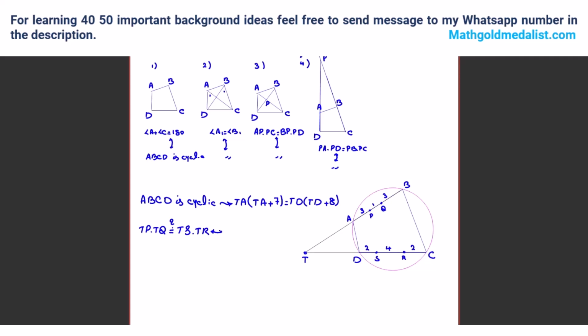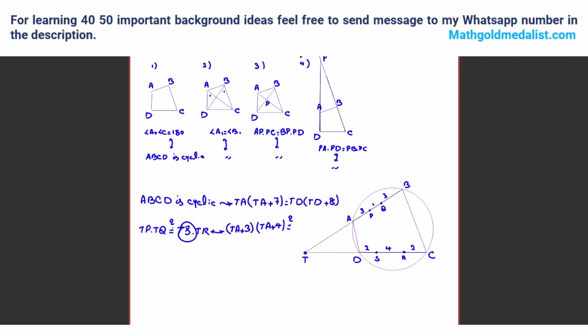I want to make these two equations more similar, so I try to write TP and TQ in terms of TA. TP is TA plus 3, so TA plus 3 times TQ, which is TA plus 4.